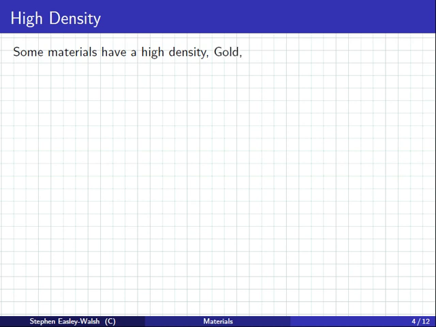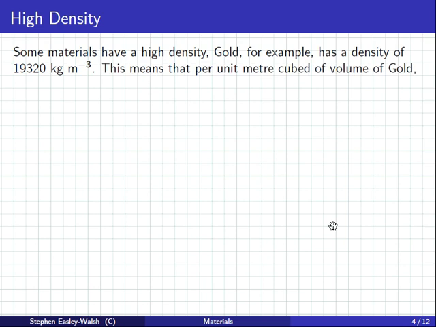It has a density of 19,320 kilograms per meter cubed. So what that means is if I have a meter cubed, how much gold do I have? 19,320 kilograms, which is an awful lot, right? In this form, solid.